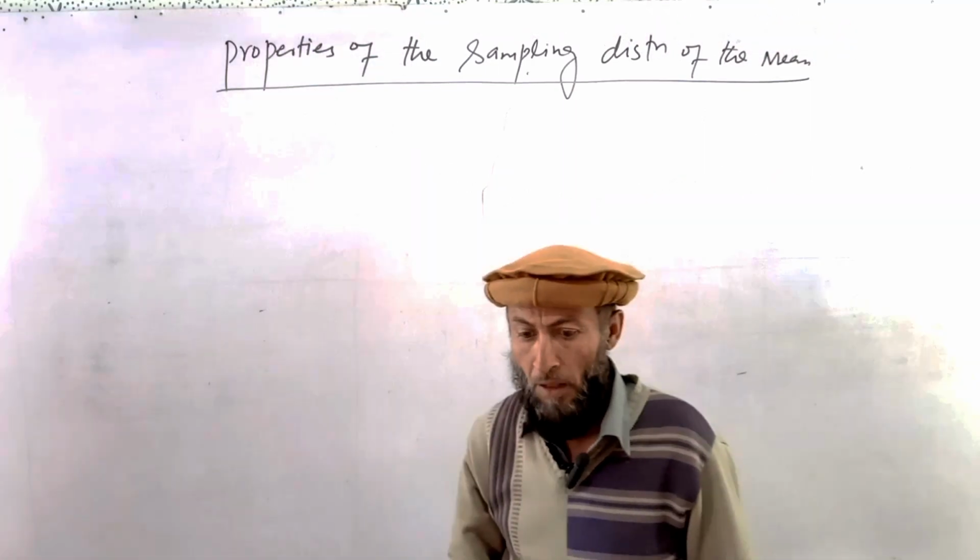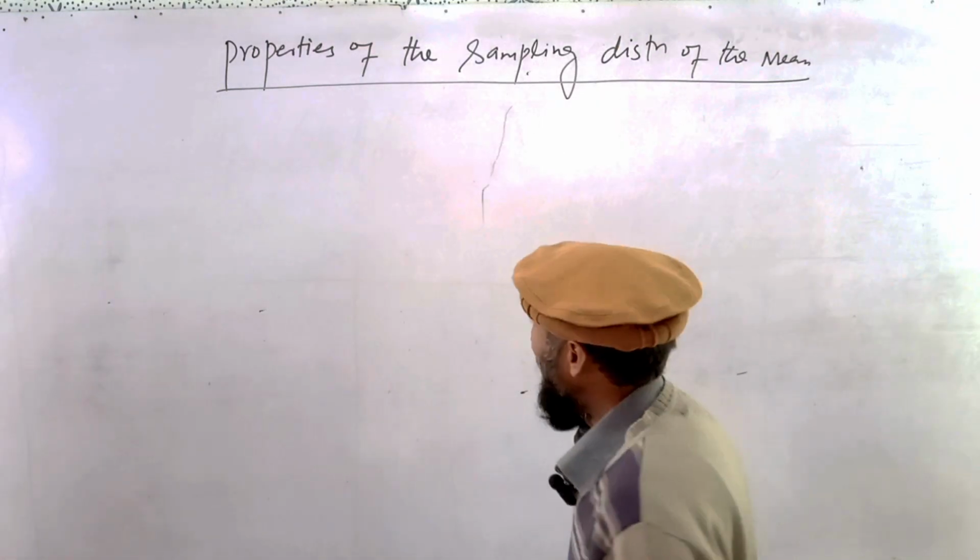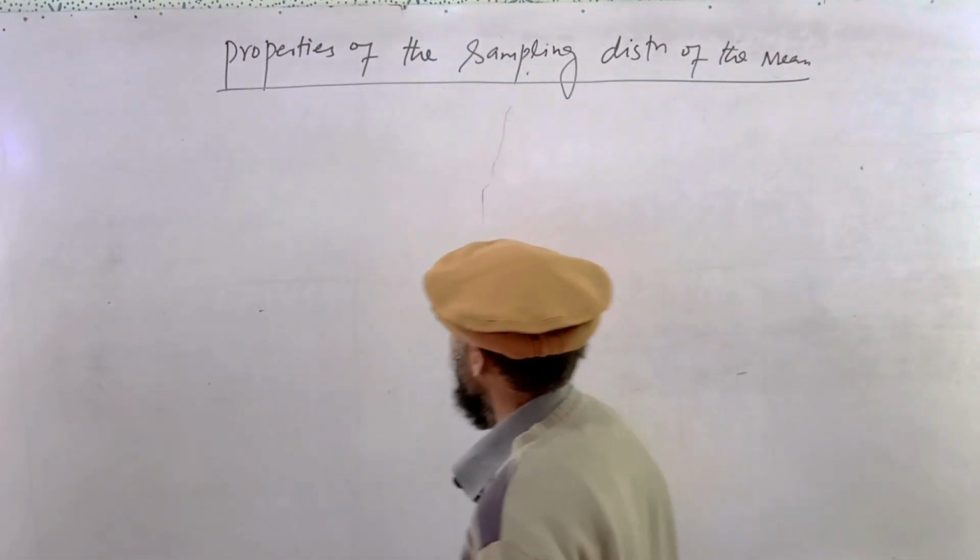Actually, there are four properties of the sampling distribution of mean.